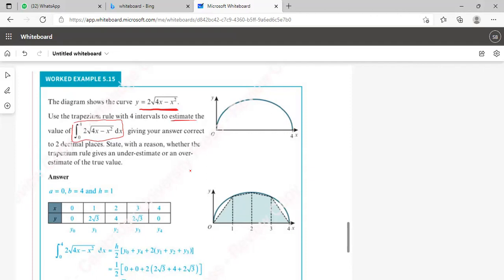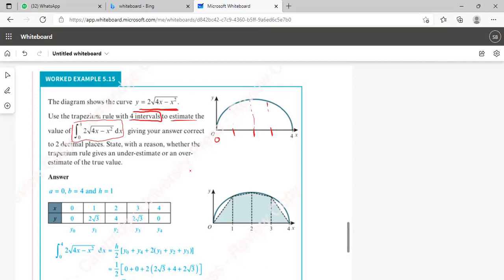You'll be using the trapezium rule. Fair enough. And you are not supposed to plot any trapezium or do something of that sort. All you know is that this is 0 and this is 4, and you have four intervals. So you will be making four intervals. This is our first interval, second, third, and fourth.